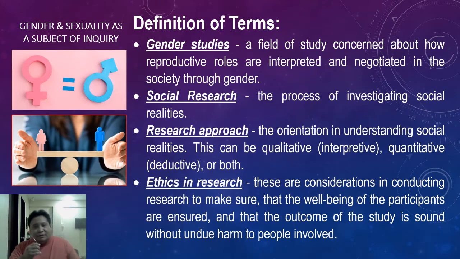And ethics in research are considerations in conducting research to make sure that the well-being of the participants is ensured and that the outcome of the study is sound without undue harm to the people involved, most especially to the respondents of the study.